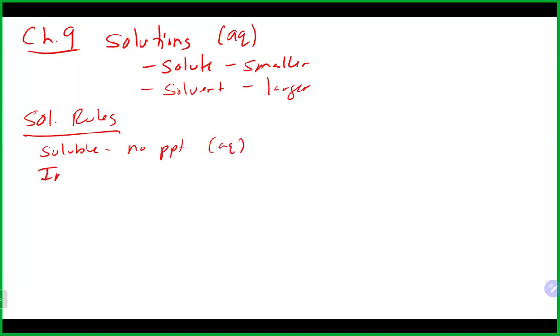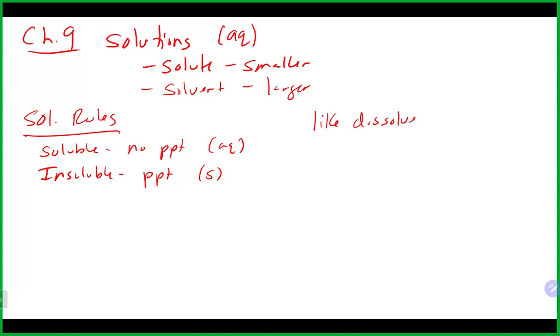If something is insoluble, that means that we would expect a precipitate to form, and it would get a solid symbol next to it. So we could use those solubility rules to help us determine, if you're putting together a couple of ions in solution, would we expect them basically just to still be floating around freely and be soluble, or will they come together with some other ion and kind of drop out of solution and become a solid.